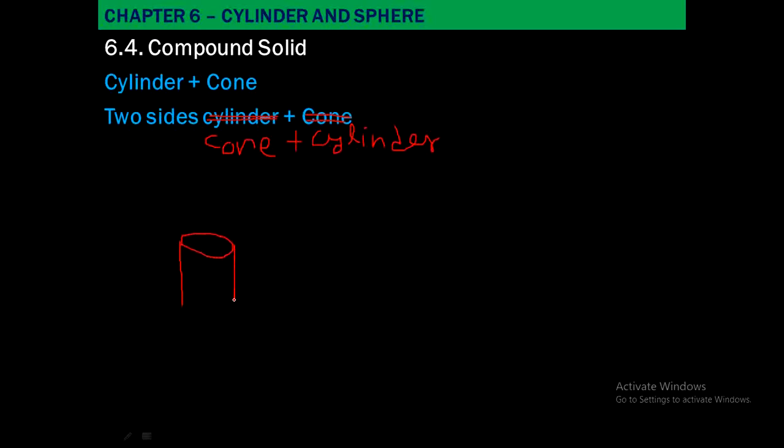Suppose this is the cylinder and this one is one cone, and here two-sided cone means this is another cone. This is the curved surface area of the cylinder. This is the conical part and this is the conical part.